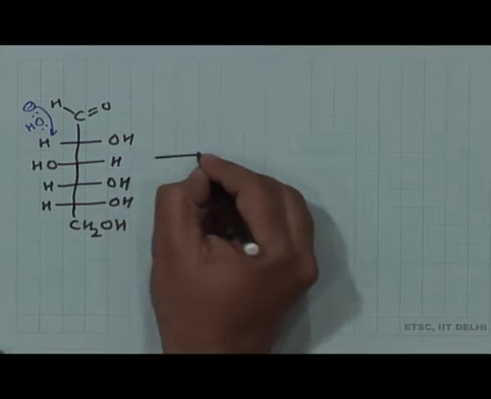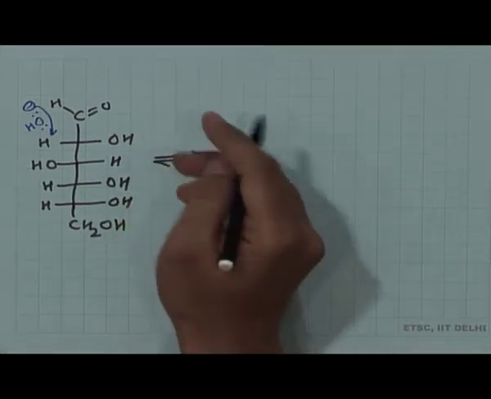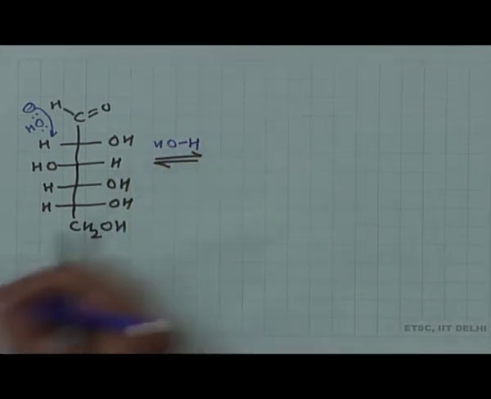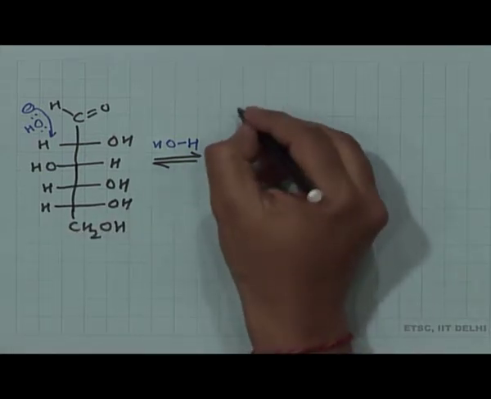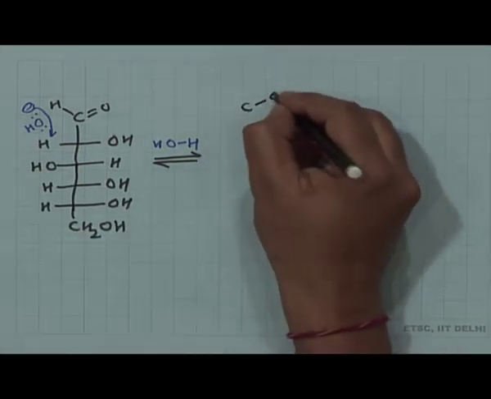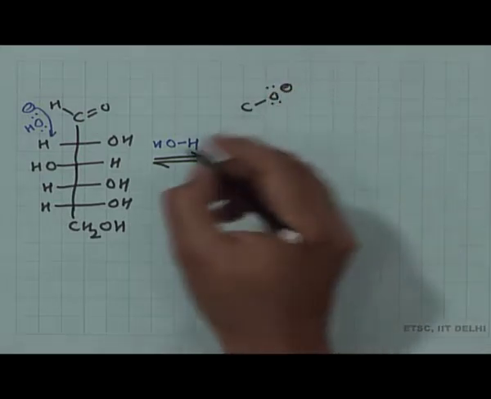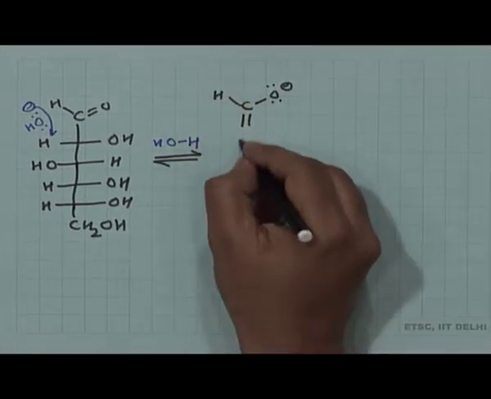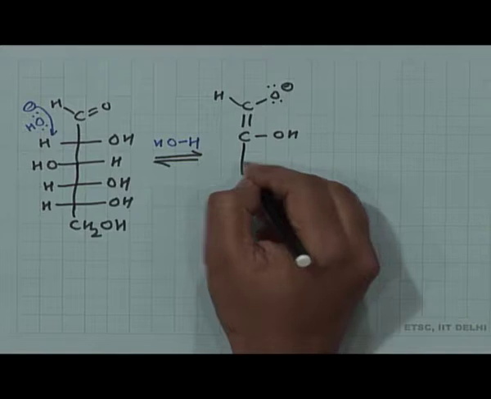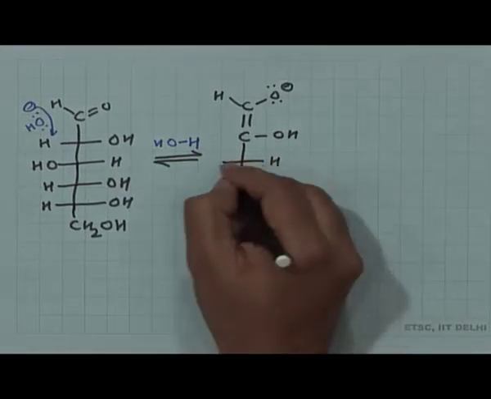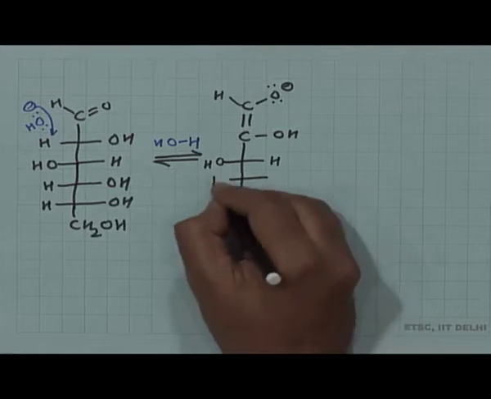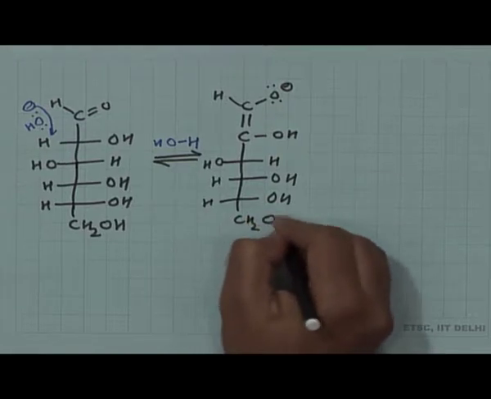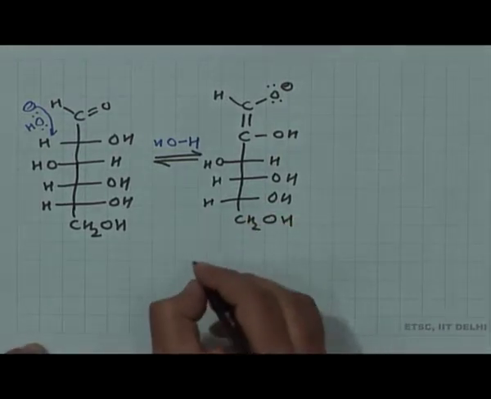So, it will abstract the proton and form H2O, and it will get converted to the corresponding enolate. So, this is the enolate ion.